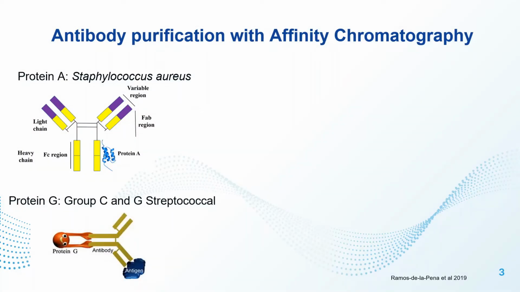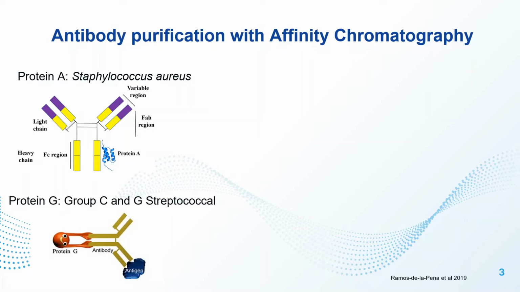One of the best examples of affinity chromatography is the protein A or protein G affinity chromatography for purification of monoclonal antibodies. Protein A is a surface protein from the cell wall of the Staphylococcus aureus bacteria, and protein G can be found in some groups of Streptococci.